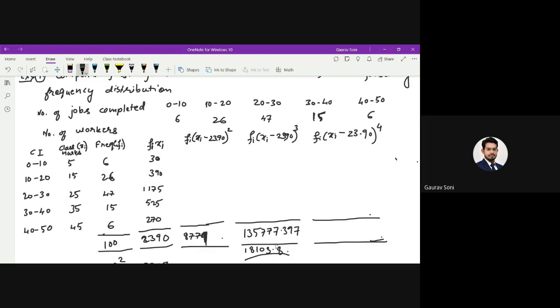Auroshri? Sir, it's taking a bit of time. It's approximately 16. Harshit Goyal, my answer is coming in negative. Negative? It shouldn't come negative actually. The first two values are negative, the others are positive.